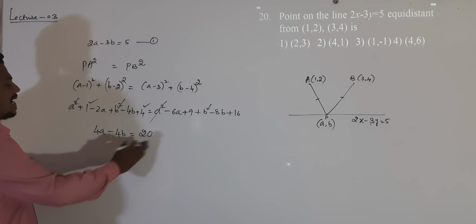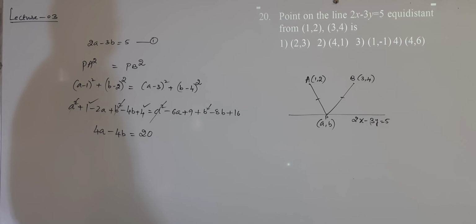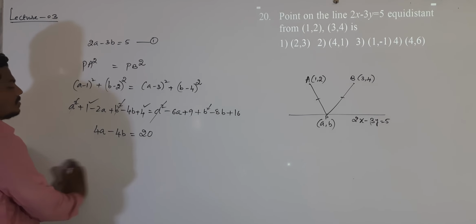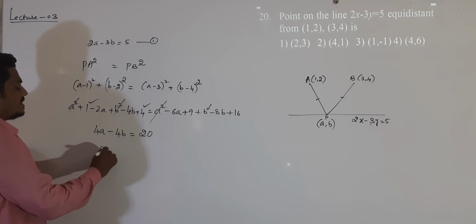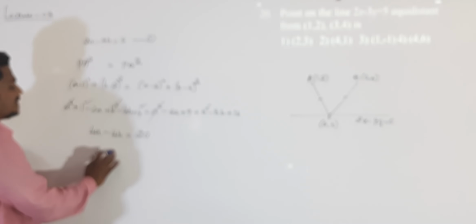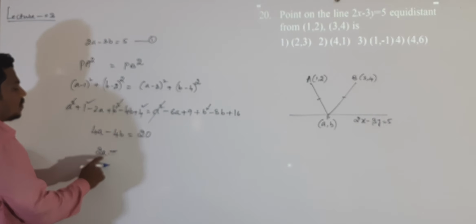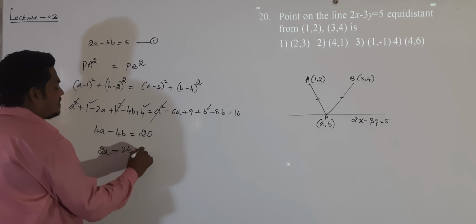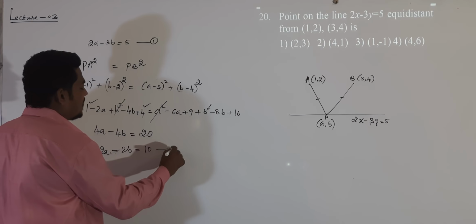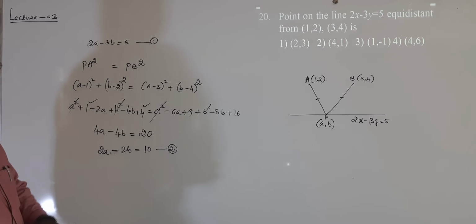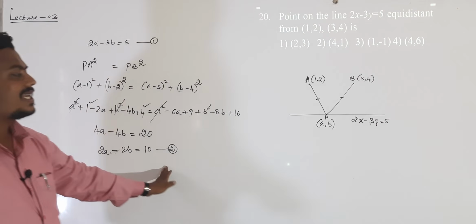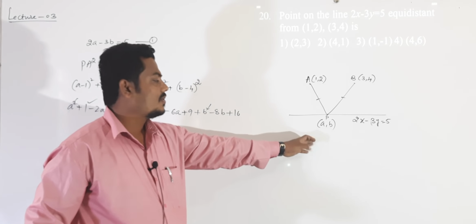Now just divide with 2, or else you can divide with 4 also, but for easier simplification I will divide with 2. Then 2a minus 2b is equal to 10. Take this as equation number 2. If you solve these two equations, then clearly you get the a value and b value.